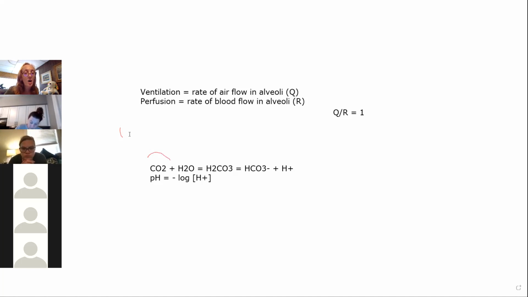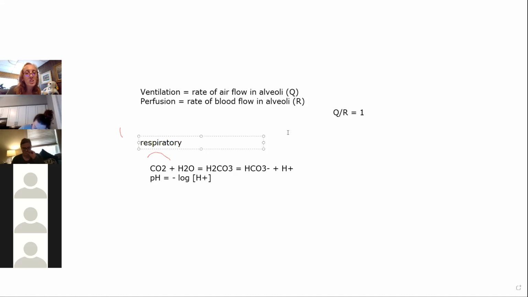It can alter the pH by changing the amounts of carbon dioxide. That's how the respiratory system works to affect pH.